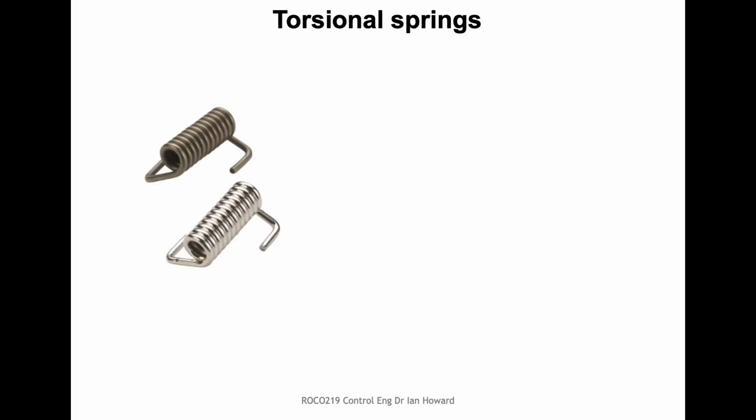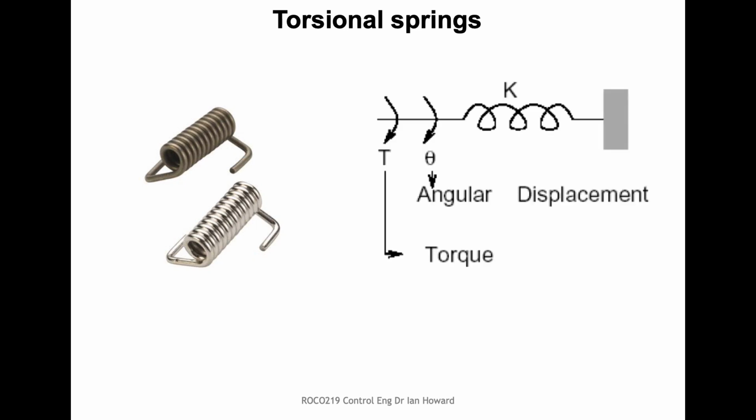We can get torsional springs, so quite often you'll build systems which rotate. A typical torsional spring would be one in wooden clothes clips, or the pegs that you hold things up with on a washing line. In this case, again, it's got a resting angle, and if we push it with a torque, this time we rotate it with the torque rather than pushing it with a force, we're going to get an angular displacement away from its resting position.